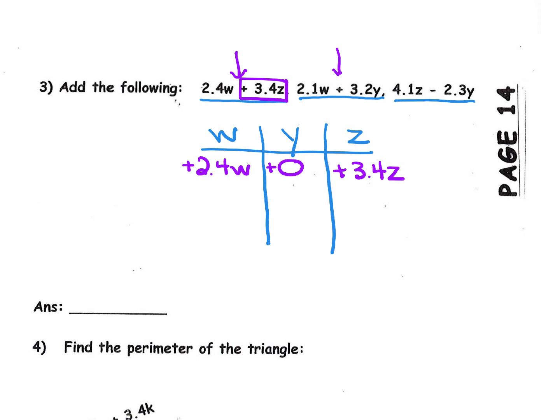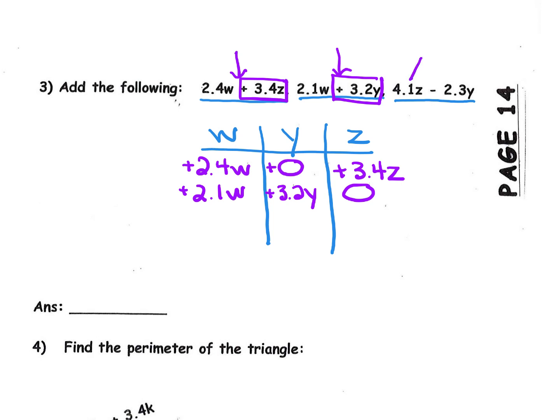Now let's organize these terms. A positive 2.1W, and then the Y term, which is right here, is positive 3.2Y, and we can put a 0 in this column to occupy that empty space.